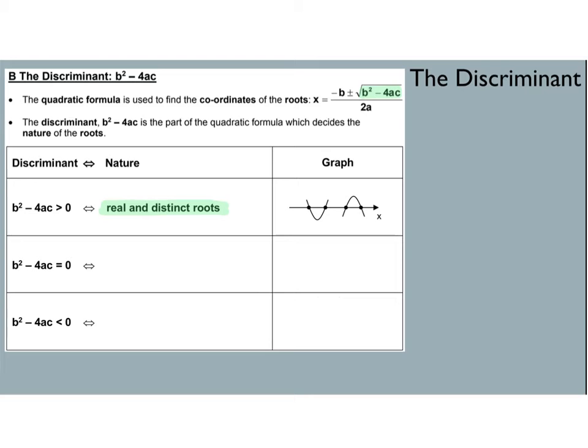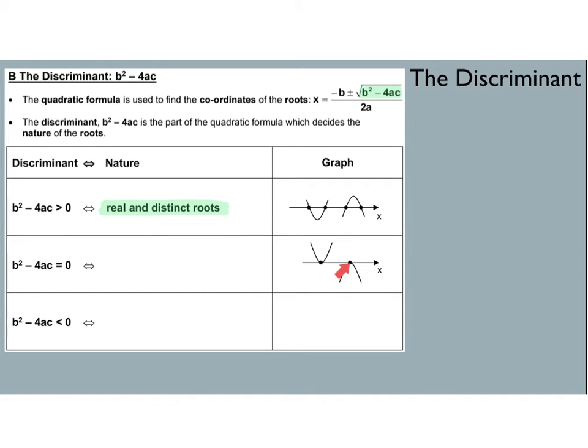The next one. If b squared minus 4ac is equal to 0, I wonder what the graphs are going to look like. So here are our graphs here. When b squared minus 4ac is equal to 0, here's our happy graph. It comes down, it touches the x-axis in one place, and it goes back up again. Here's a sad graph. Again, this one would have the negative x squared coefficient.